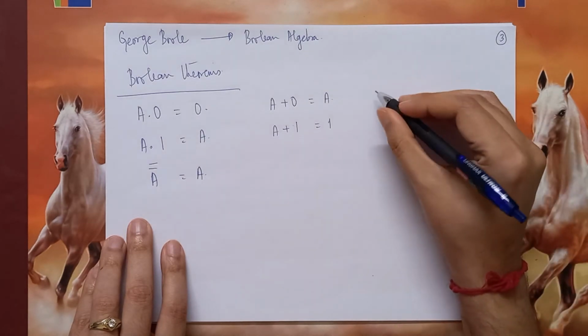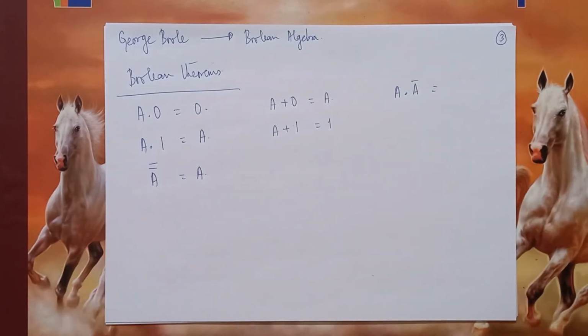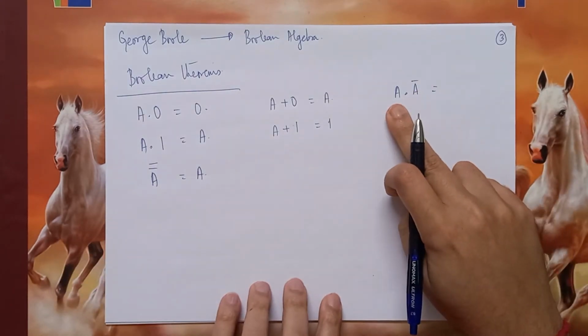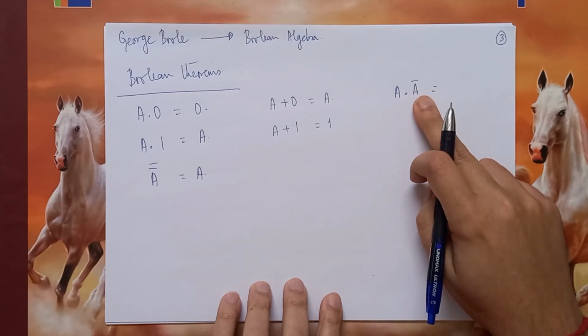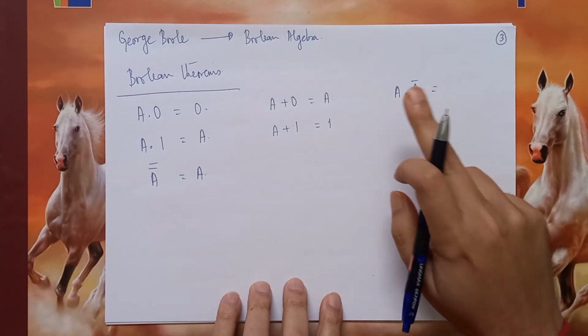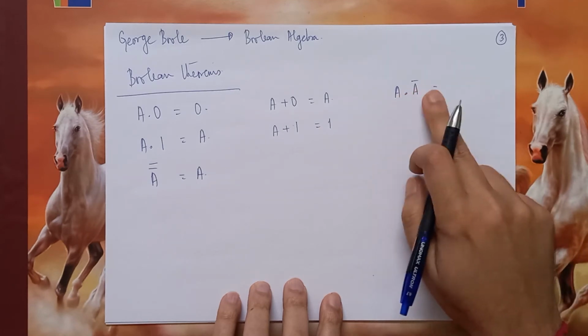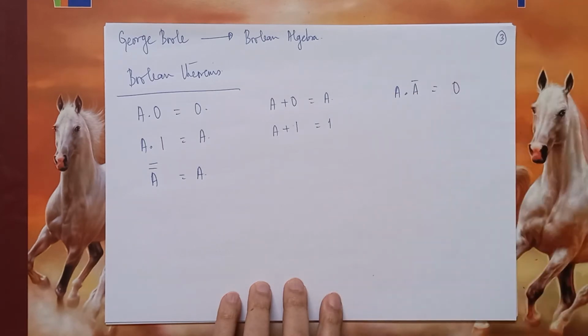Likewise, if you have a dot a bar, what will be the answer? If a is 1, a bar will be 0. If a is 0, a bar will be 1. Point is that whatever is the value of a, one of these two operands will always be 0. So therefore, the answer will be 0 because it's an AND operation.